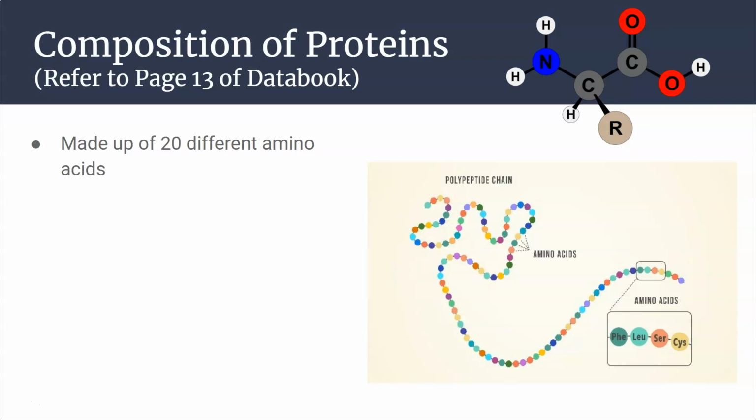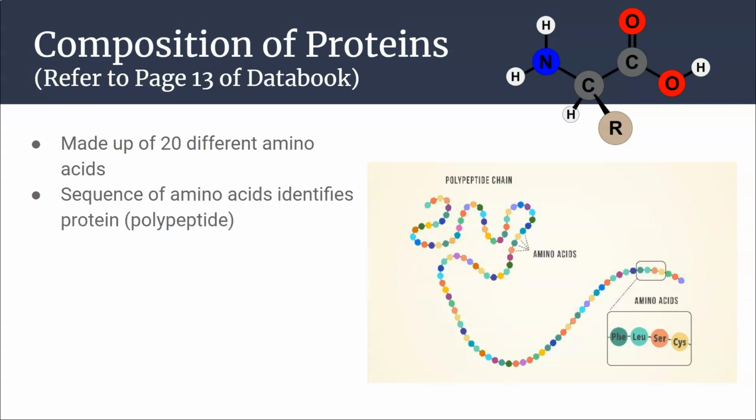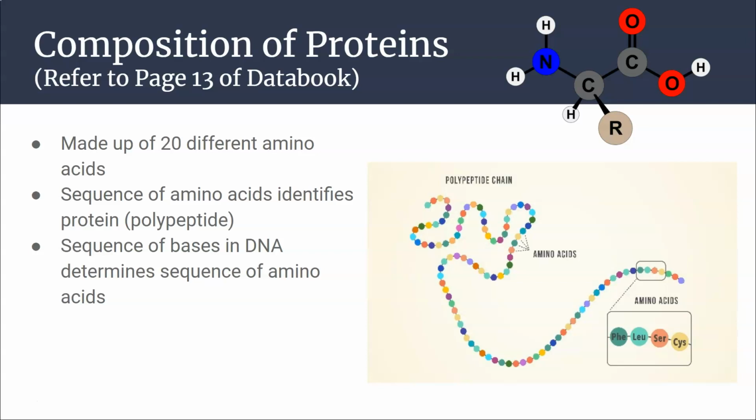So only 20. You would think there's a lot more, but there isn't. Each of these amino acid sequences ends up identifying a protein. We call these polypeptide chains. Now, amino acids, when they're put into certain orders, end up making different types of proteins. So what we do is we sequence the bases of the DNA to determine the sequence of the amino acids.